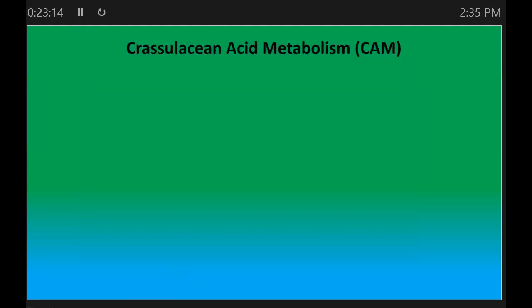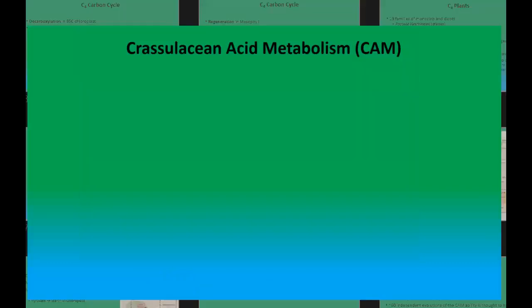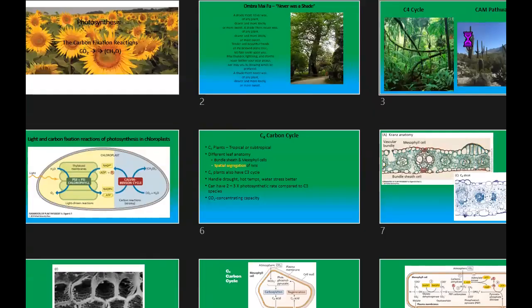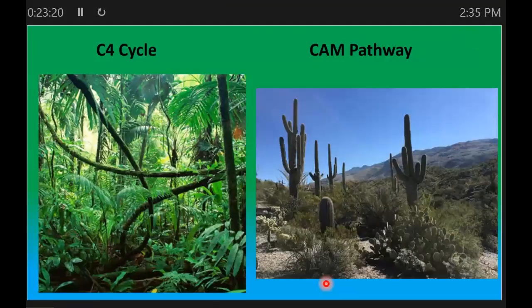Okay, the other group of plants that I showed you in that very first image earlier, let me go back, is the CAM cycle, or the CAM pathway. Now you're looking at a beautiful desert environment where we're taking what the C4 plants experience to the extreme, right? You have really hot, consistently hot conditions during the day, very drought prone year round.